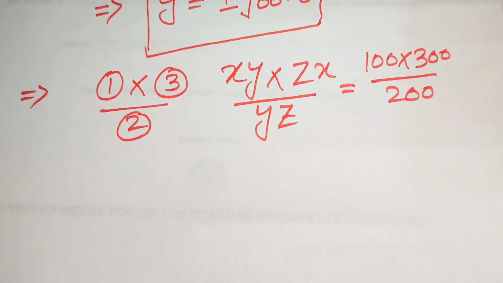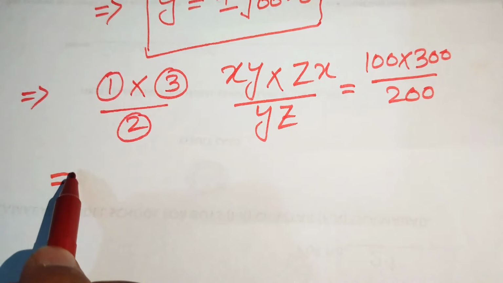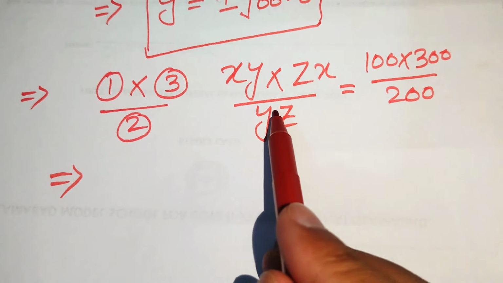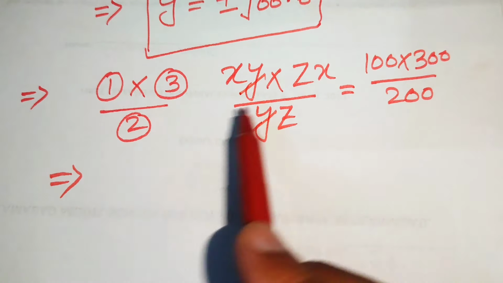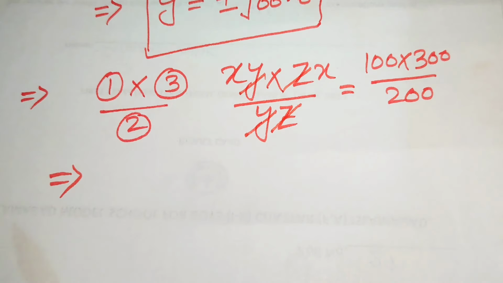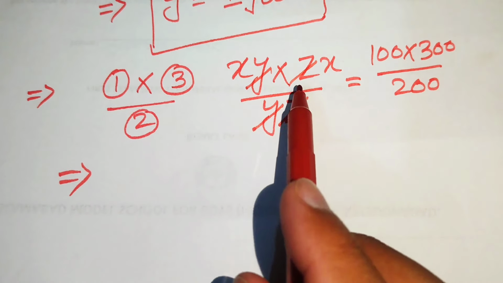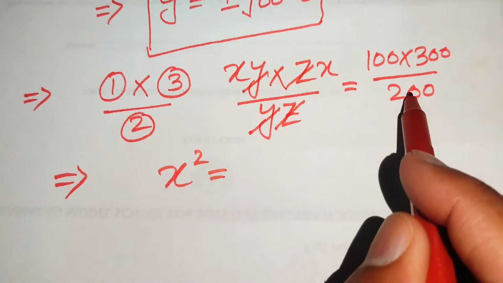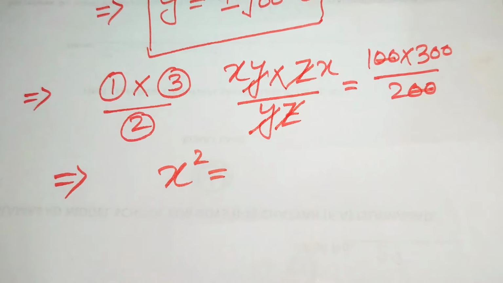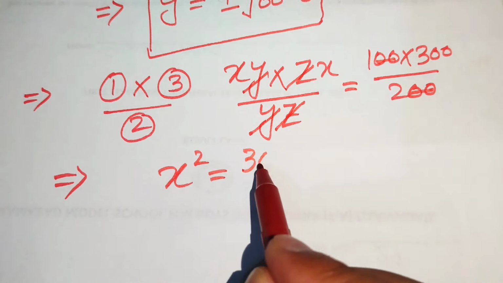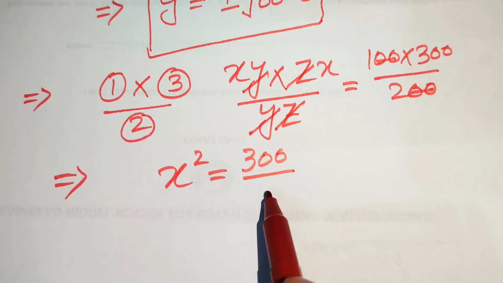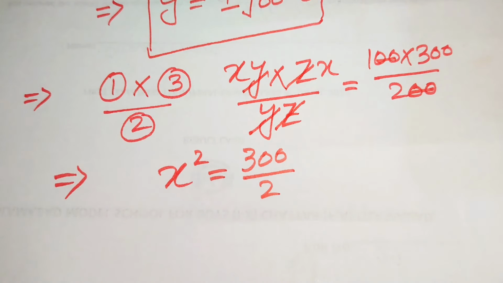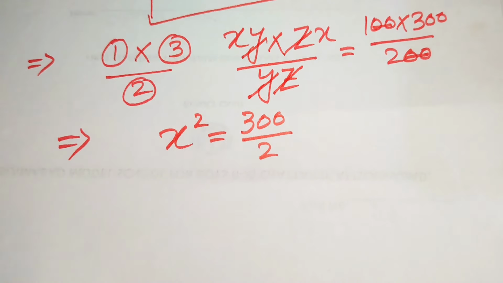Now we need more simplifications, and we cancel the like terms. This y is cancelled out by this y and this z is cancelled out by this z, and we get x times x equals x square, and these two zeros are cancelled out by these two. So here we get 300 divided by 2. Now we simply divide by the usual division method.